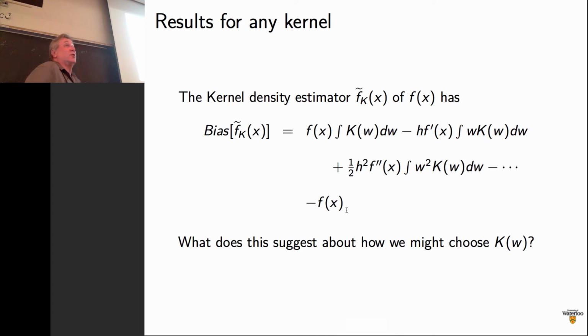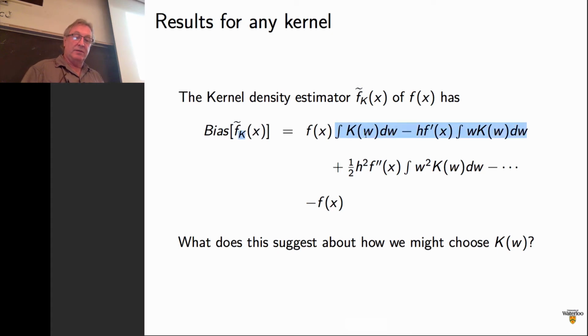But let's look at the term that doesn't have h. The term that doesn't have h is just this quantity here minus f of x. Could you make that 0? Yeah, you could make that 0. How?